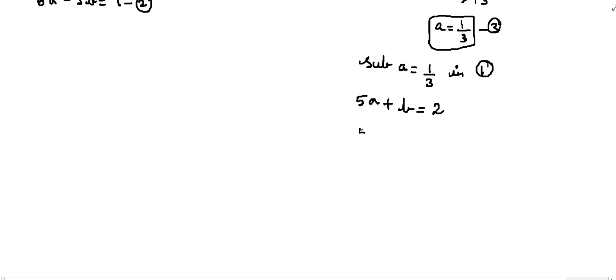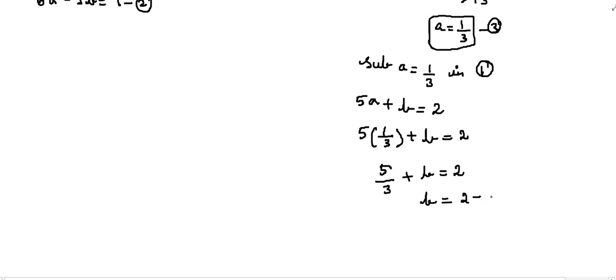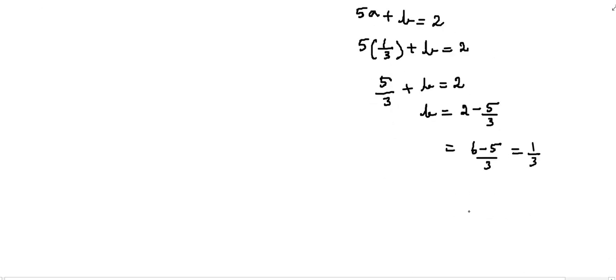Instead of a, what I have found, 1 by 3: 5 by 3 plus b is equal to 2. b is equal to 2 minus 5 by 3. So when I take LCM, I'll get 6 minus 5 by 3, that is 1 by 3. I'm getting the value of b as 1 by 3.